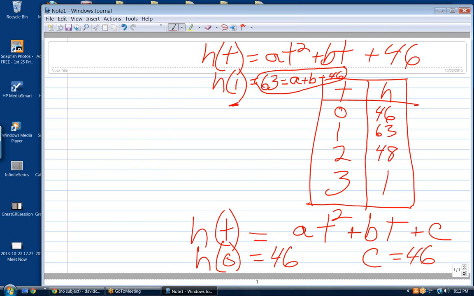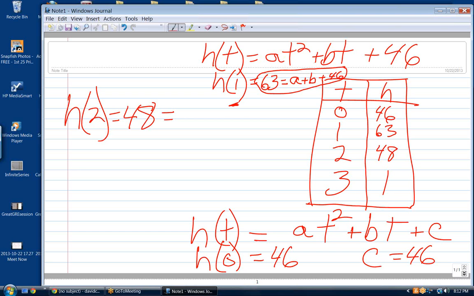So there's one equation. We can't solve for a and b yet because we just have one equation and two variables. But we've got more data. So let's figure out what h of 2 is. First of all, it's 48. What is it equal to in terms of a, b, and a number?